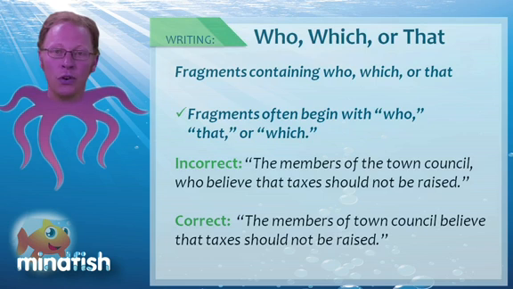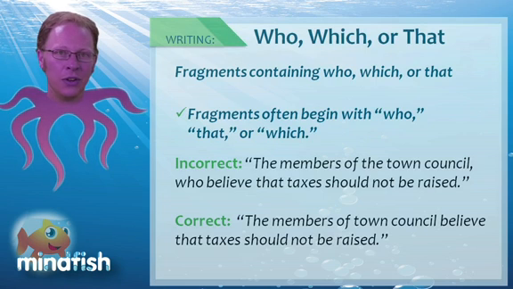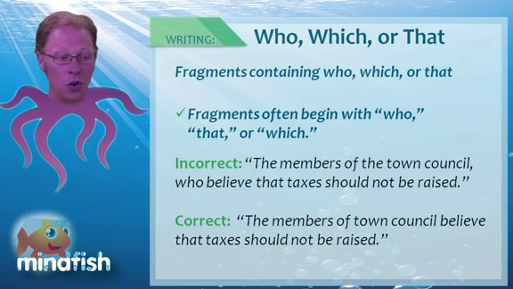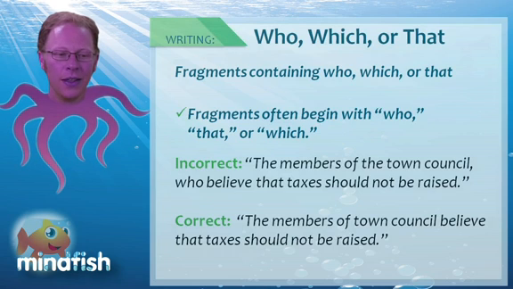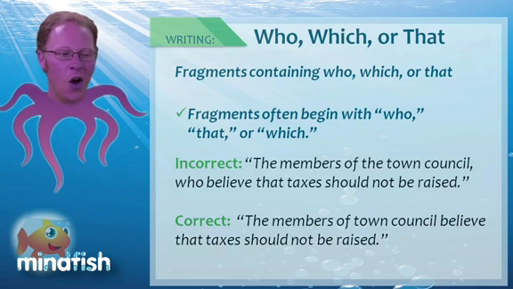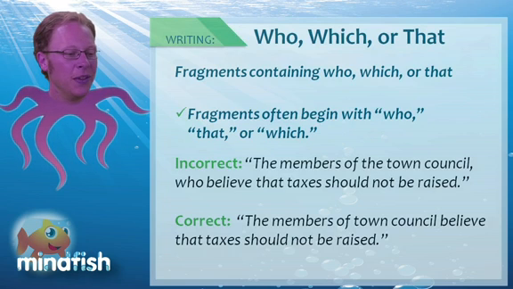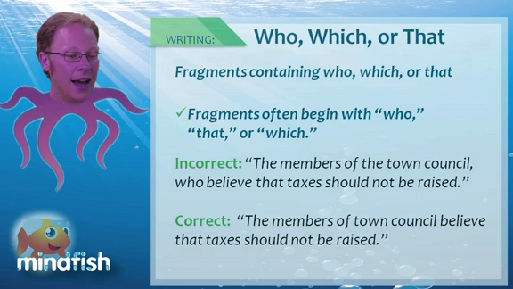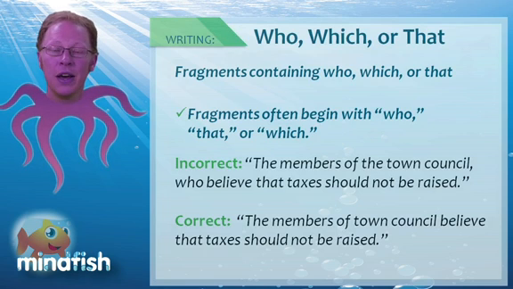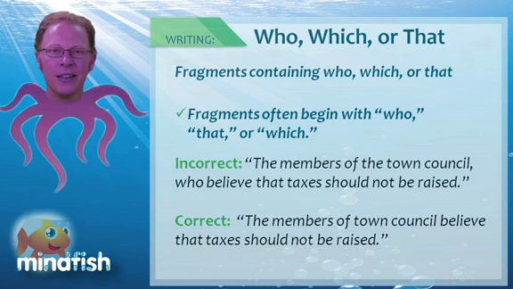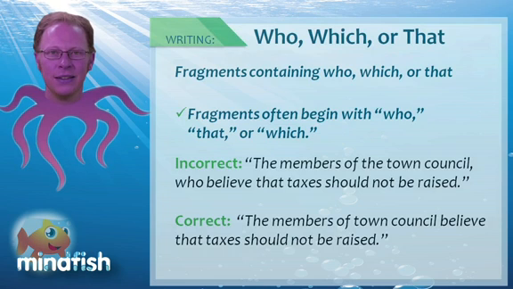I'm left hanging, wondering what's going to happen. What actually did the members of the town council do? Well, let's see if we can fix it. All we need to do is get rid of the word who, and we're in good shape. The members of the town council believe that taxes should not be raised. Now we've got a short, perfectly grammatically correct, straightforward sentence.